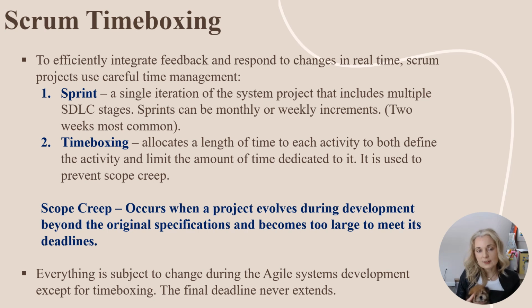During the project, the team conducts sprints, and these are just the single iterations of the system project, and they include multiple SDLC stages. So you might be planning, analyzing, developing, and testing all at once. And these sprints can be either monthly or weekly increments. However, for our system projects, the most common is 2 weeks.